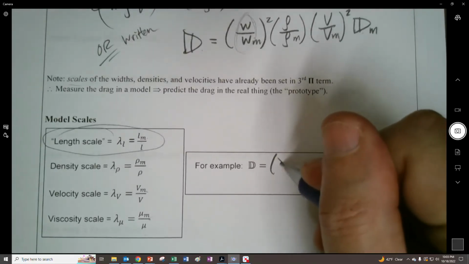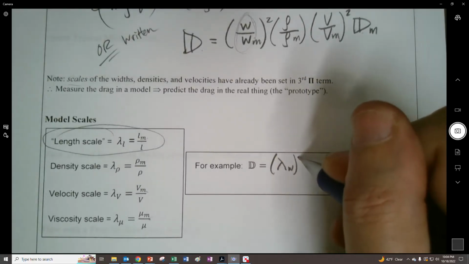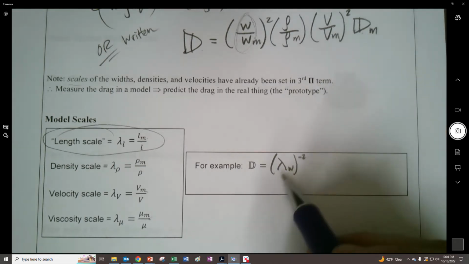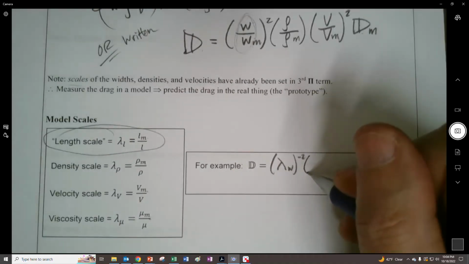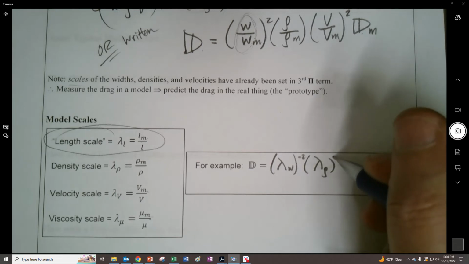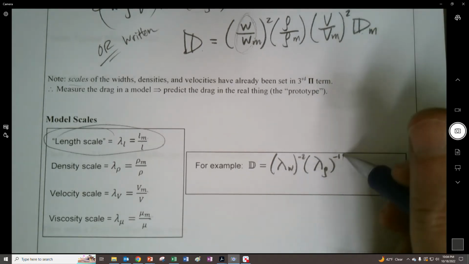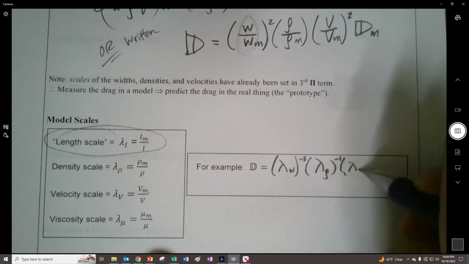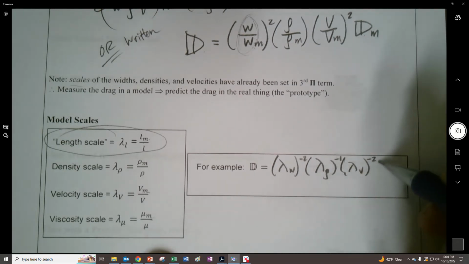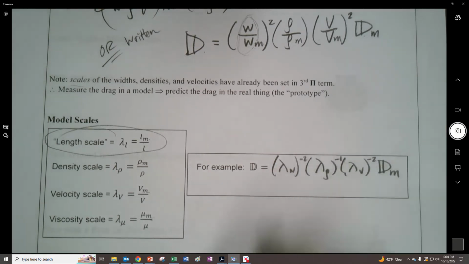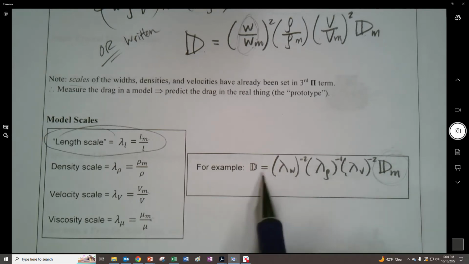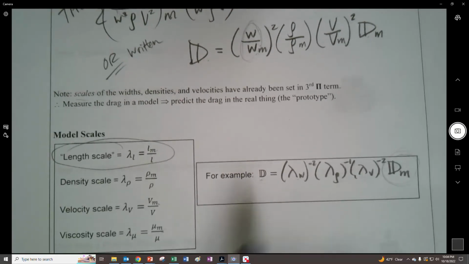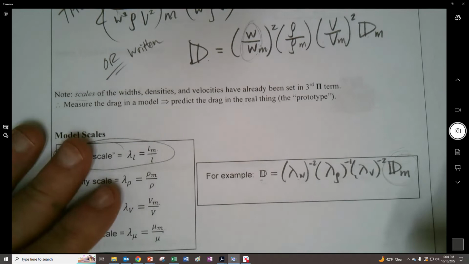So we would write this out as a lambda w to the -2, because this is upside down. The model's on the bottom, but it's squared. Then we would have a lambda rho to the -1, because it's upside down, and then a lambda v to the -2, times our model measurement. So if we measure this drag and we know all of these different scales, that gives the predicted drag from that operation.